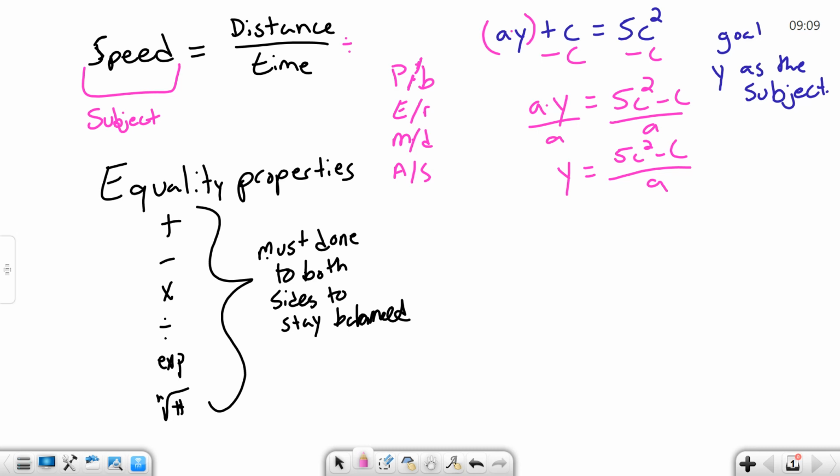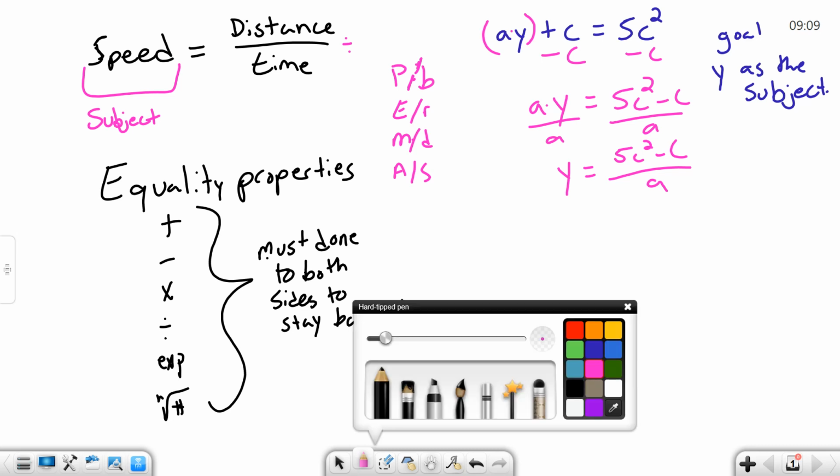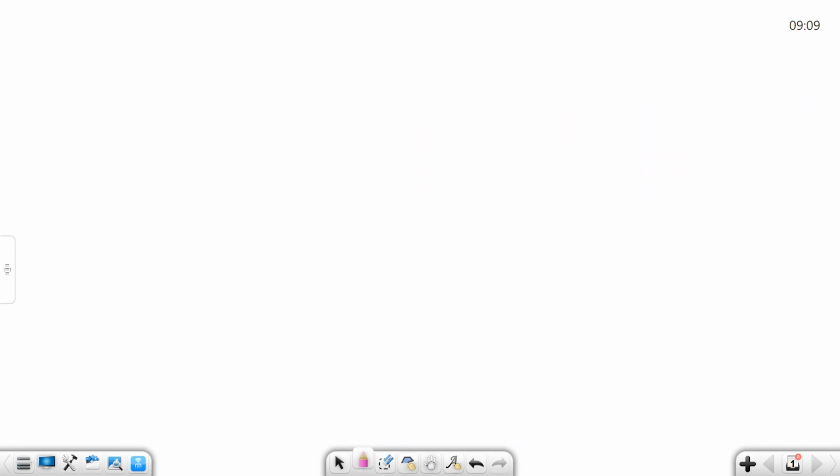Let's do one more. And for this next one, we are going to look at w is equal to 16 parentheses t plus c divided by c.